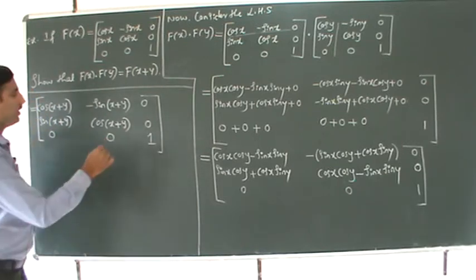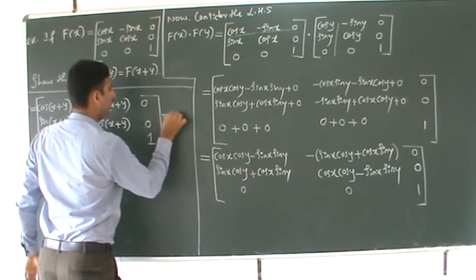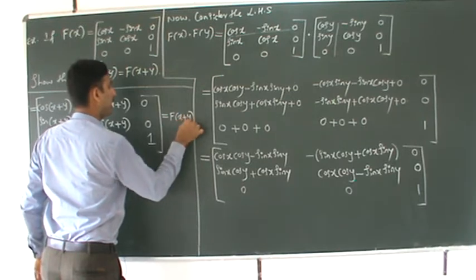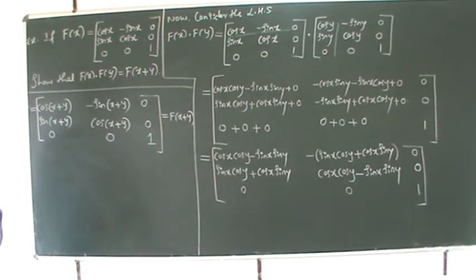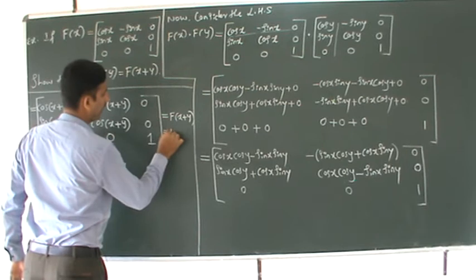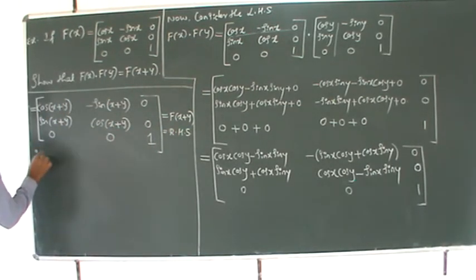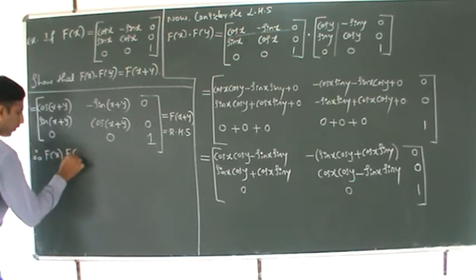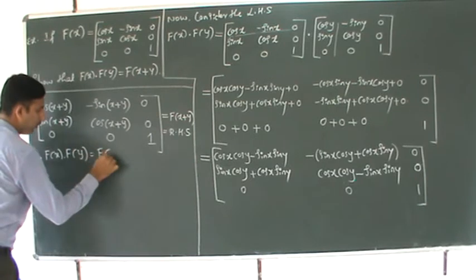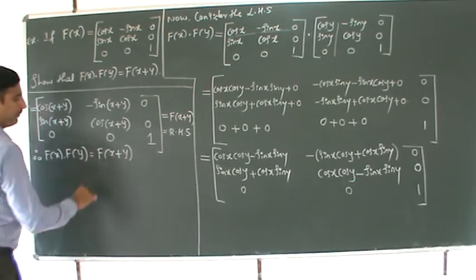Which is nothing but f of x plus y, which is nothing but our RHS. Therefore f of x into f of y is equal to f of x plus y.